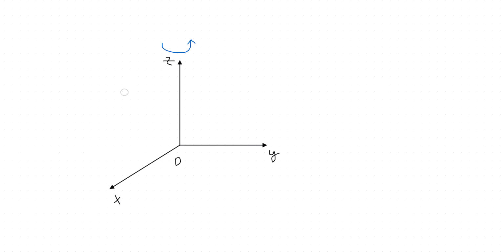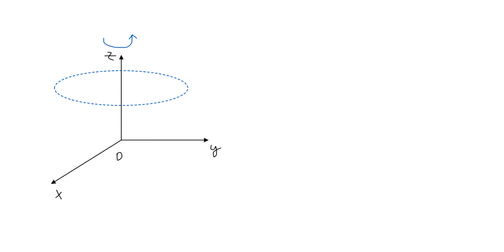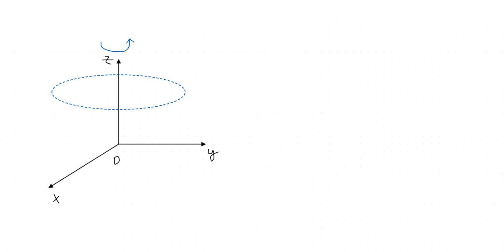This is the trajectory of some material point of the rigid body, and as we did last week, we can define the radius vector of the material point.